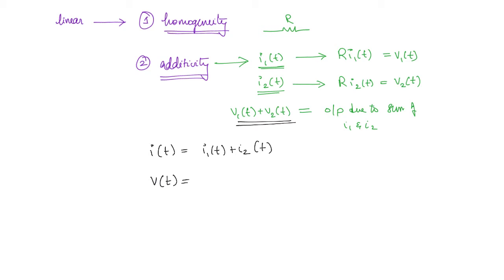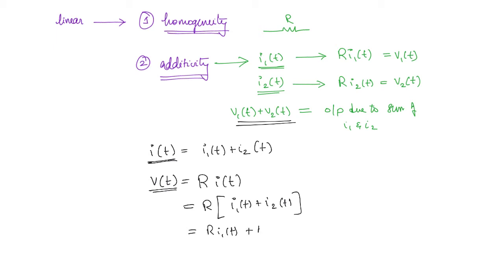So we will see if that is satisfied. What is V of t because of this input? It is R into I of t. You can write this as R into I1 of t plus I2 of t. So you will write R I1 of t plus R I2 of t. This is nothing but V1 and this is nothing but V2.